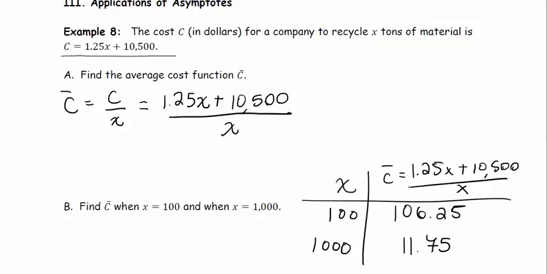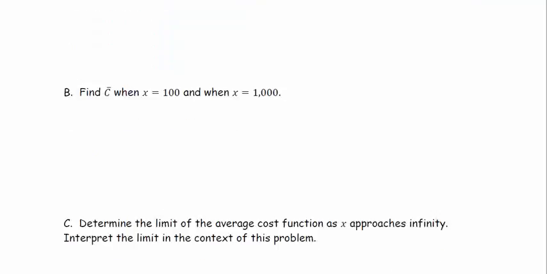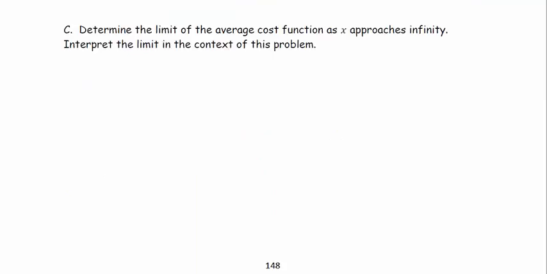Now, that was the easy part, hopefully. You just need to remember that to find the average cost, you divide by the number of units x. Then part C: determine the limit of the average cost function as x approaches infinity, and interpret the limit in the context of this problem.